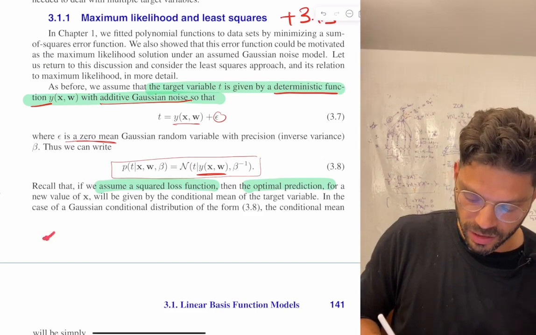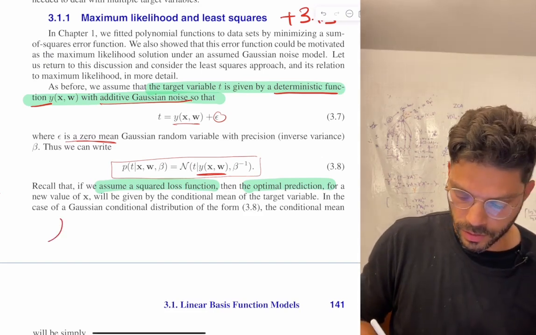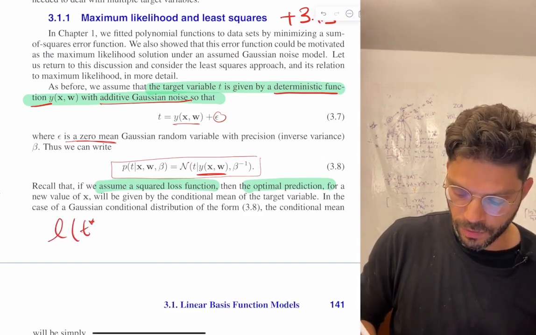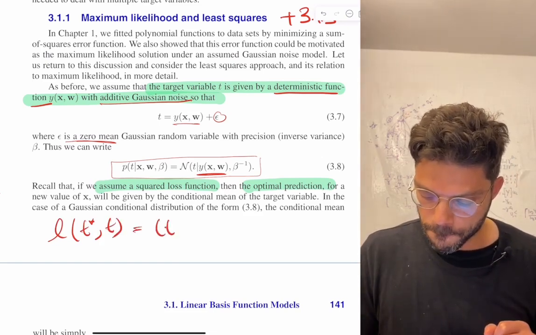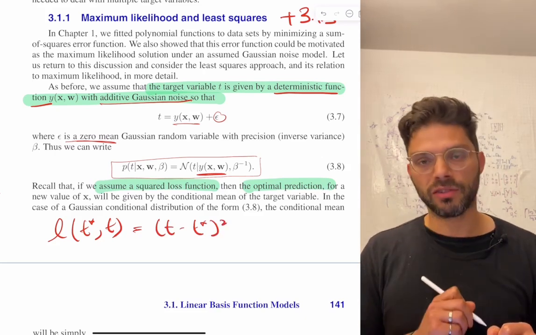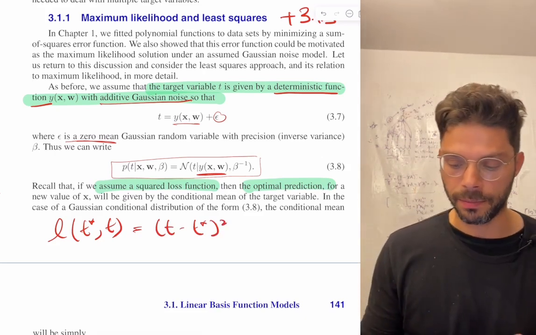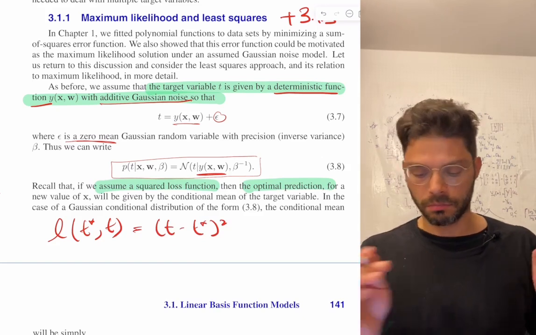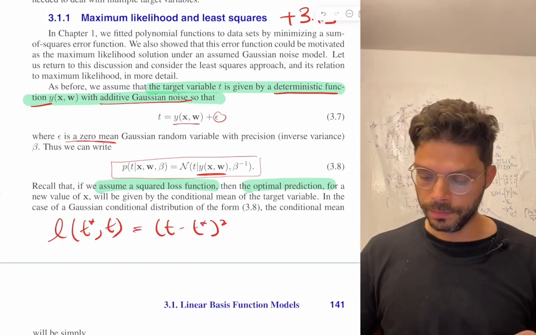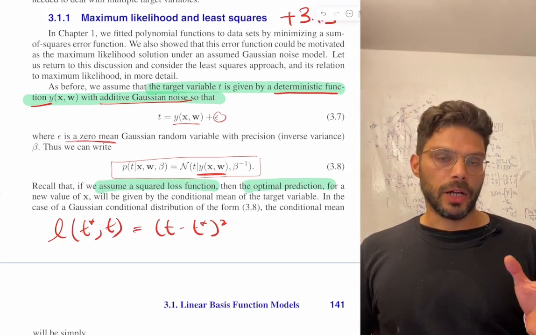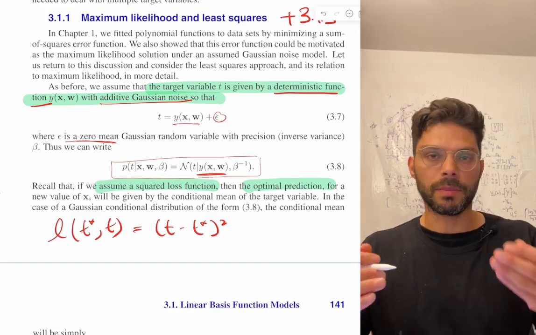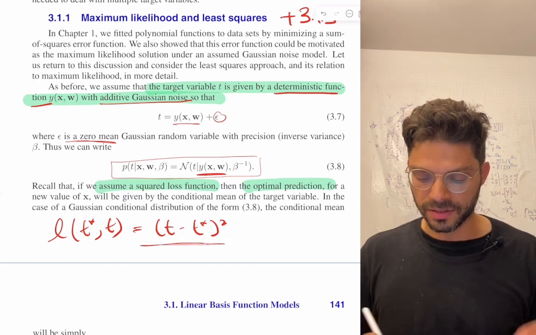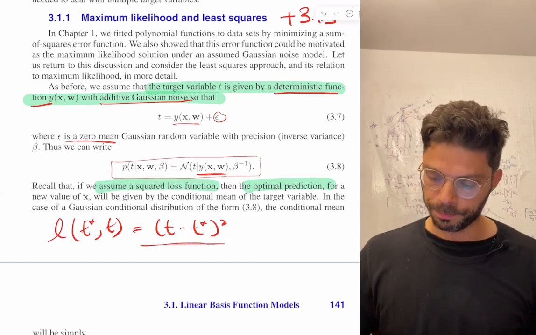So in the case where we have a loss function, let's say the loss of the true value versus the one that you report, if you use a squared loss, which is completely separate from this least squares thing, it's just the loss function, then the optimal prediction is to take, given this probability distribution, the optimal summary of it that minimizes this loss, which is to give the conditional mean.